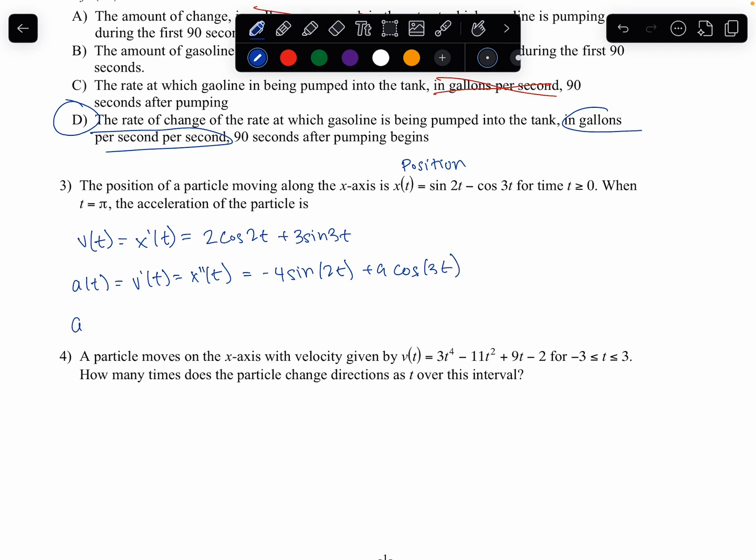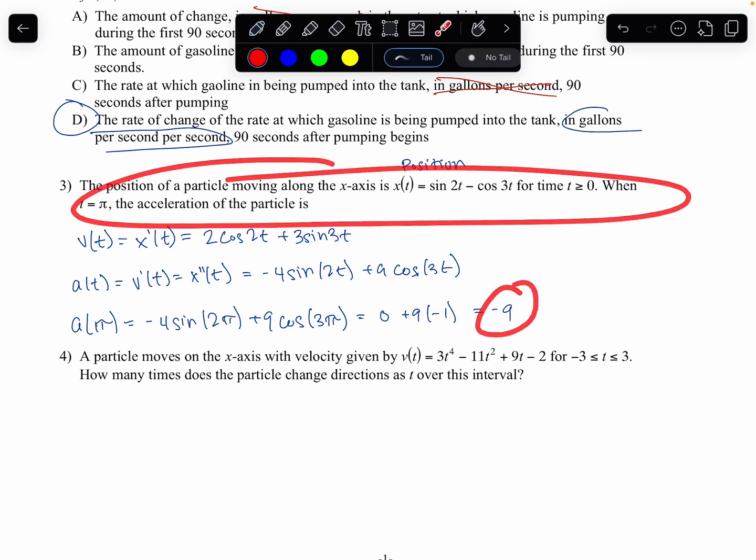And then I want a of pi. That's going to be equal to negative 4 sine of 2 pi plus 9 cosine of 3 pi. Sine of 2 pi is 0. Cosine of 3 pi is negative 1. So this is going to be 0 plus 9 times negative 1, which is equal to negative 9. No units are mentioned here, so we'll just leave that.